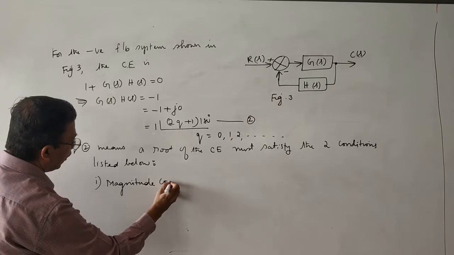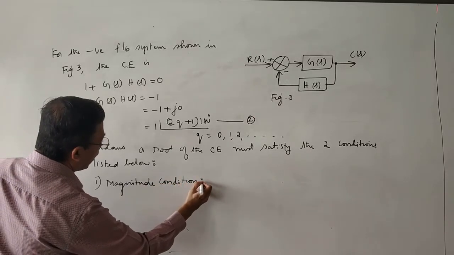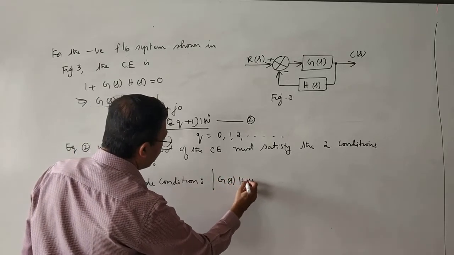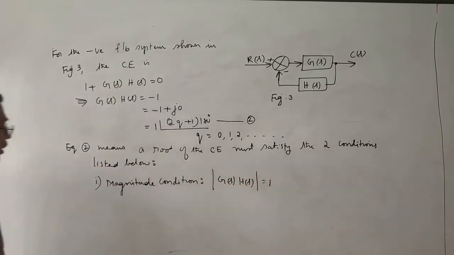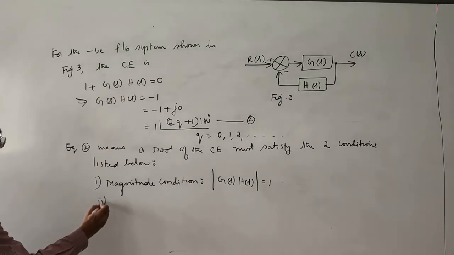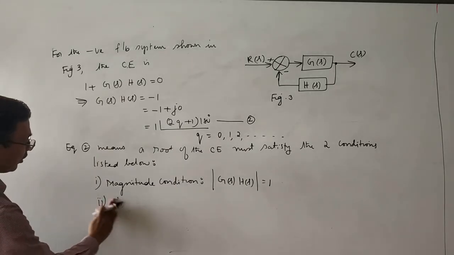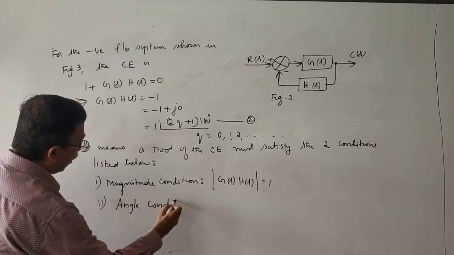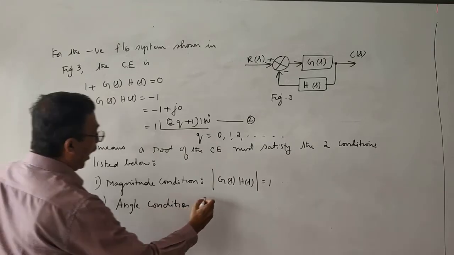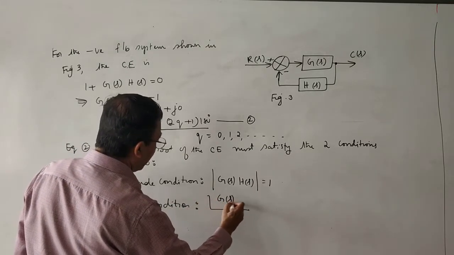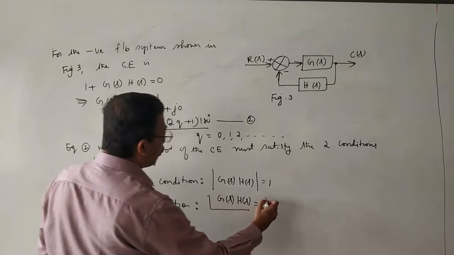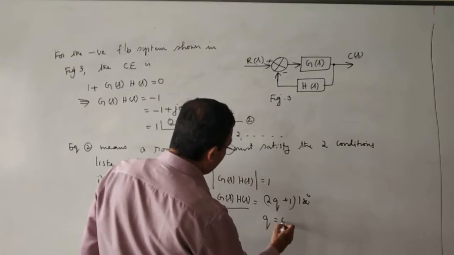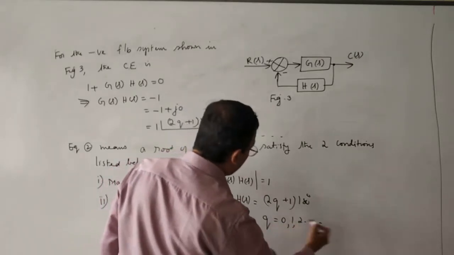Magnitude condition is modulus of G of S H of S is equal to 1. Second one, phase condition or angle condition. According to this condition, angle of G of S H of S must be (2q plus 1) into 180 degrees. Q takes values 0, 1, 2, and so on.